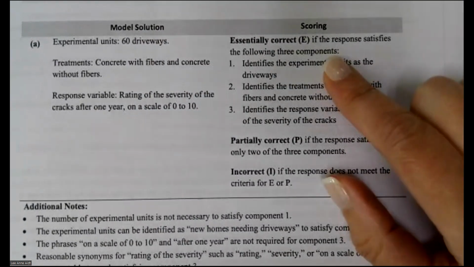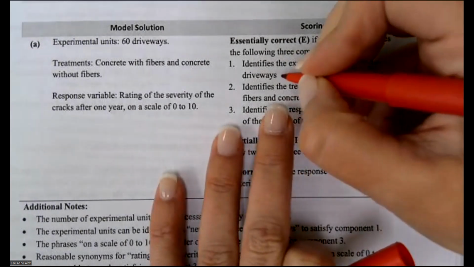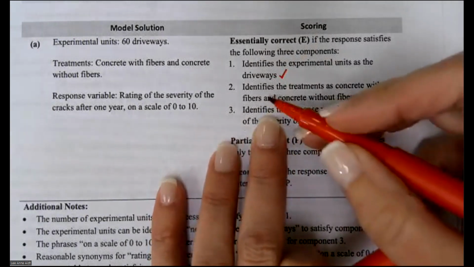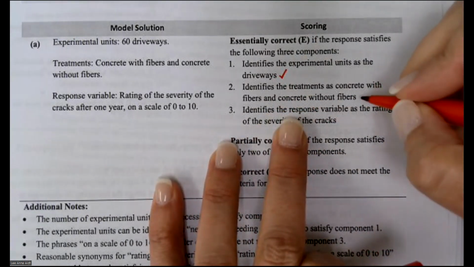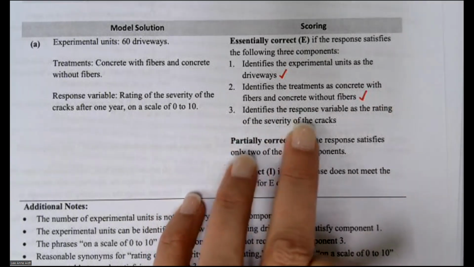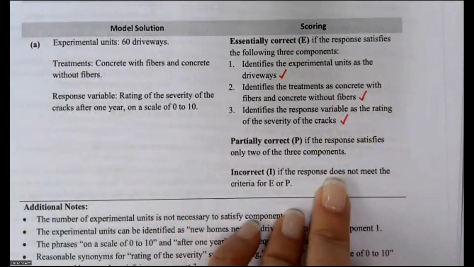Number 2. A, essentially correct if you have the following 3 components. Identifies the experimental units as the driveways. Identifies the treatments as concrete with fibers and concrete without fibers. Identifies the response variable as the rating of the severity of the cracks.